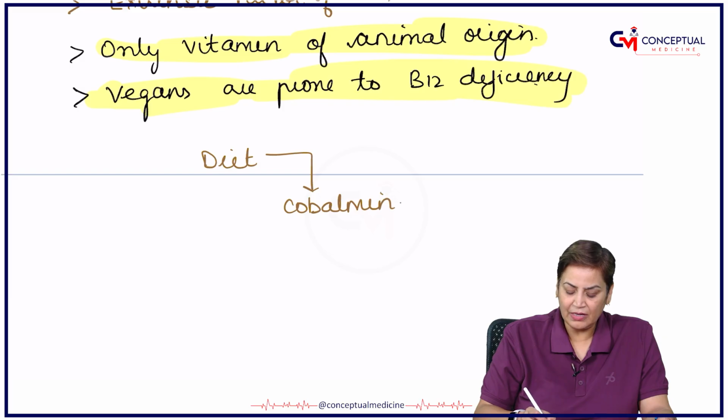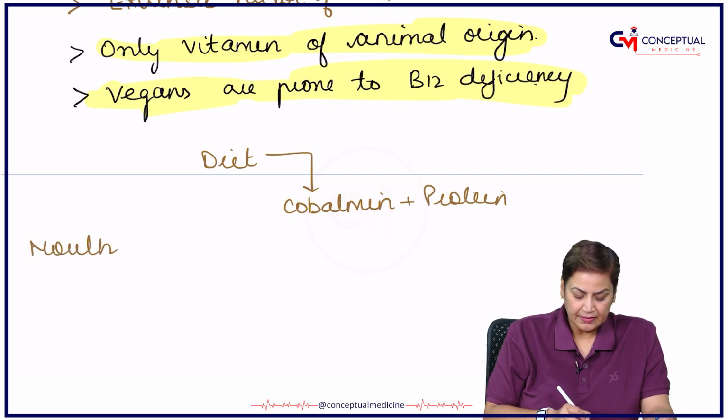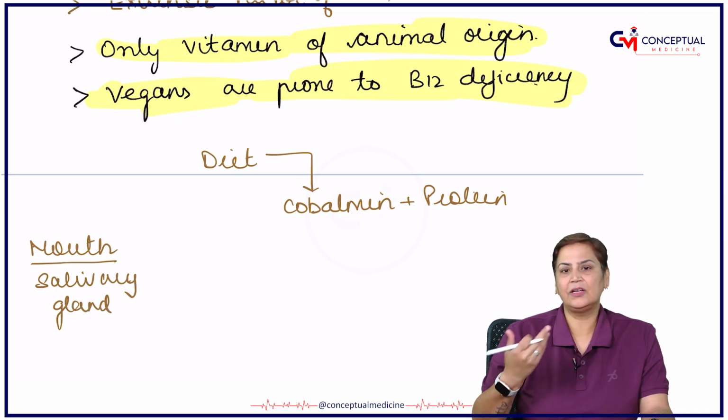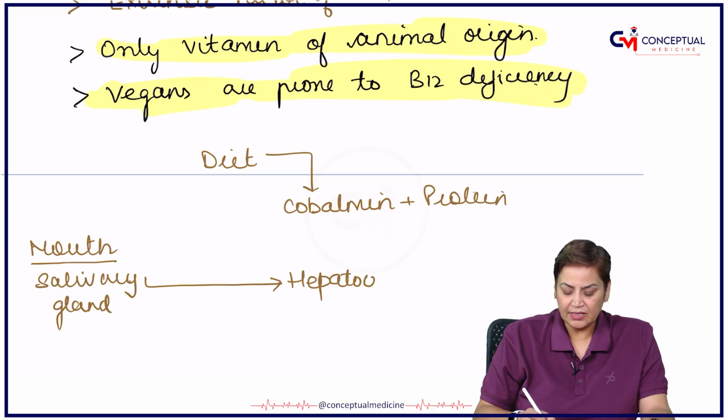So cobalamin will combine with a protein. If we talk about the mouth or the salivary glands, what will happen? Haptocorrin will be there, which will help in the transport. So haptocorrin is the one which is required for the transport.